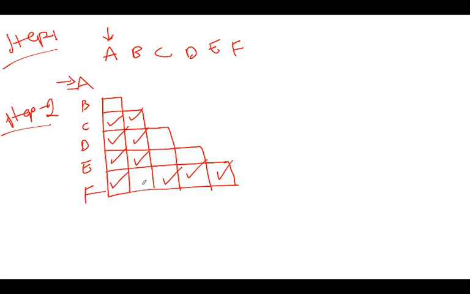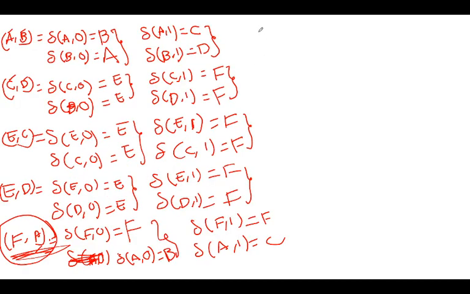Then the remaining FB. FB on taking transition F comma 0, I already mentioned, F is already written here.